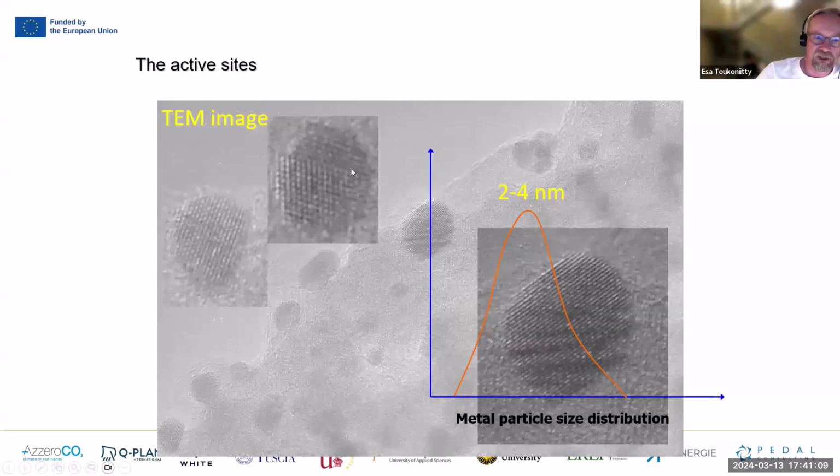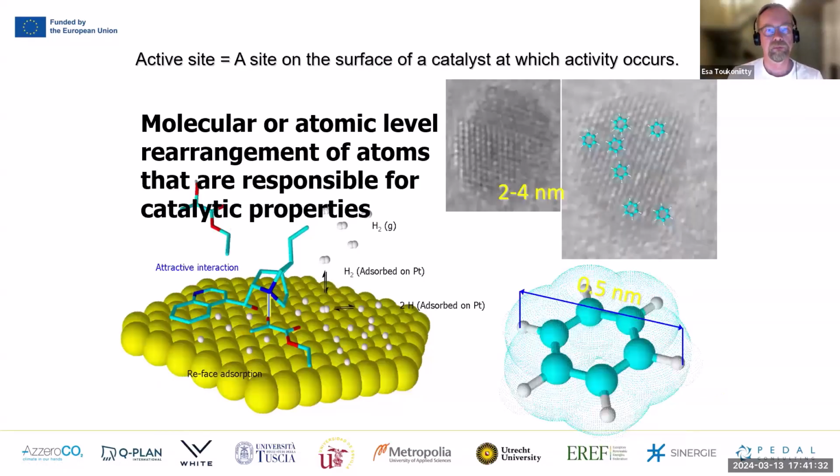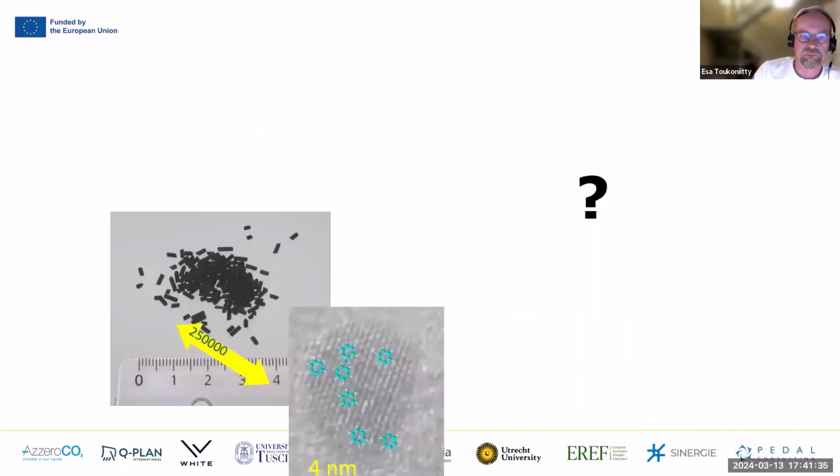If you zoom in more, then you start to see individual atoms, like in this graph. This I also showed you previously. But there is quite a lot of things to tailor, starting from really the atom or molecular level all the way to this reactor level where you have the meter scale. So if you compare this, there is a big difference in size between the active site and molecules compared to the extrudates.